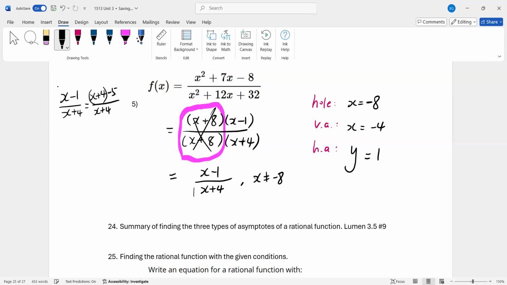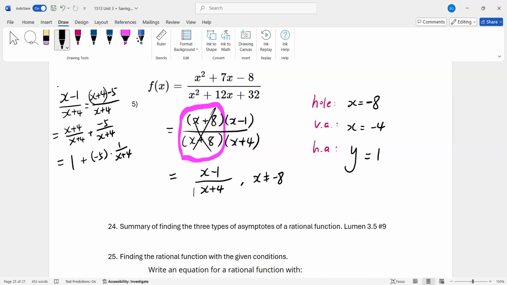And then I'm going to split the quotient into two quotients. So we have x plus 4 over x plus 4 plus negative 5 over x plus 4. So we have 1 plus negative 5 times 1 over x plus 4.